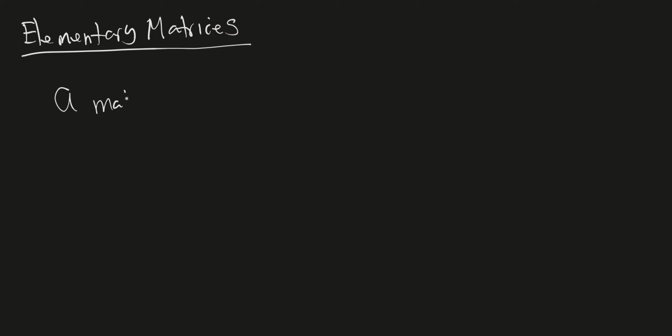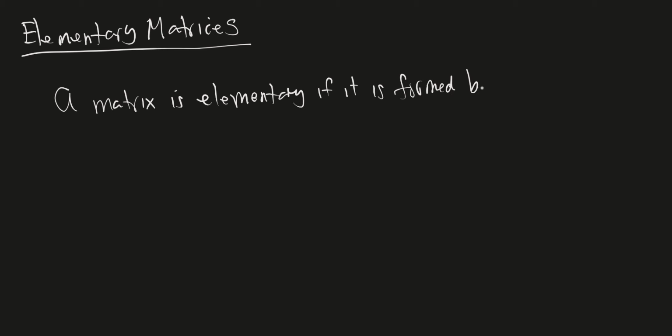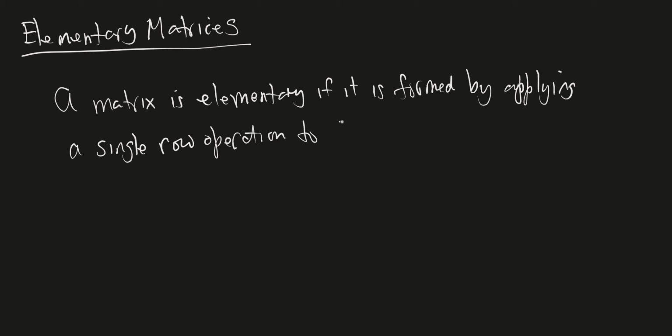So a matrix is elementary if it is formed by applying a single row operation to our n by n identity matrix, right?